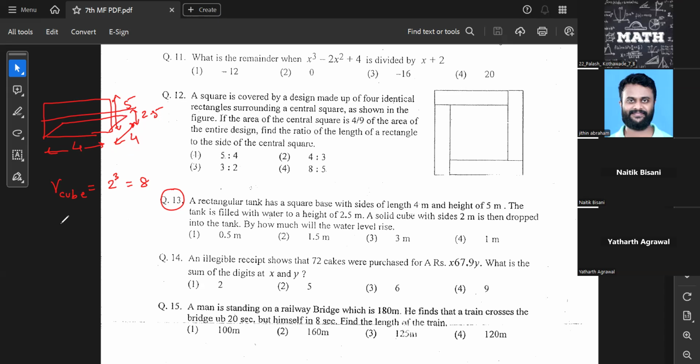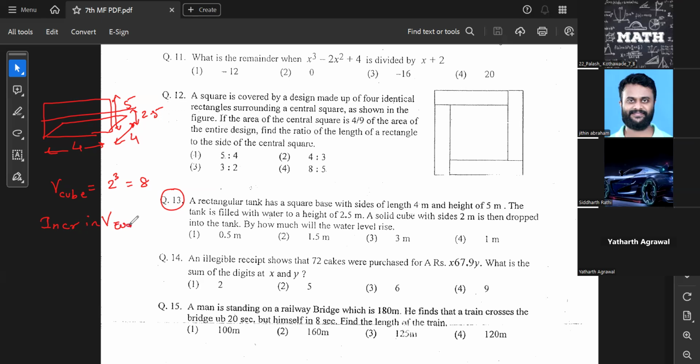How much ever is the volume of the cube, that will be the increase. Sir, there is this law that a body displaces water or liquid equal to its own volume. Correct. Archimedes principle it was. Okay. Anyway, so the increase in volume of the water in the tank.